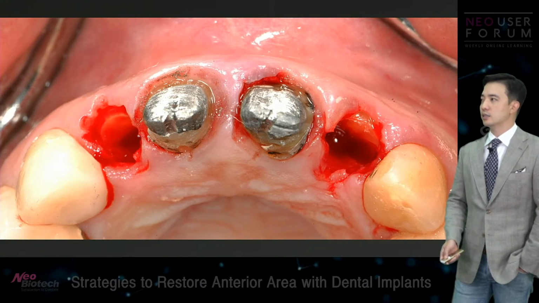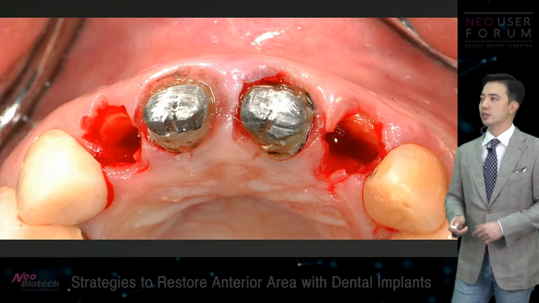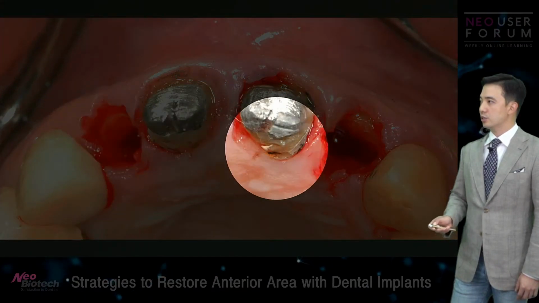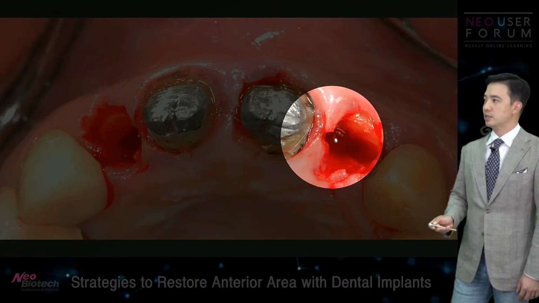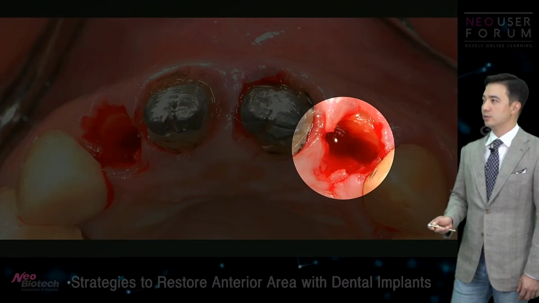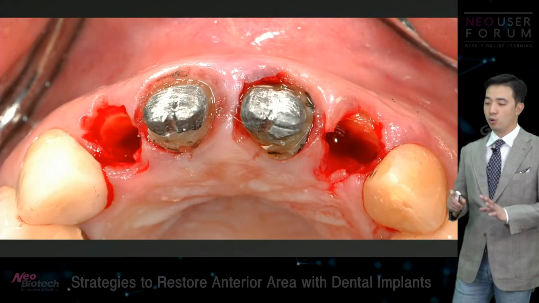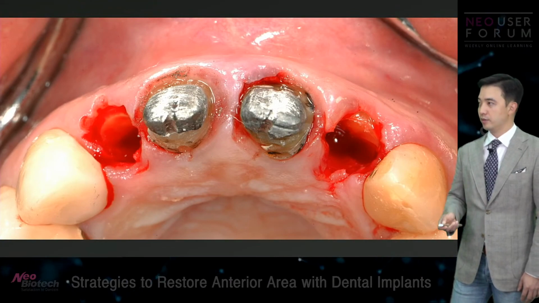So this was kind of a strategic staging of extraction. I also used the socket shield technique to place implants on number 12 and 22. I just wanted to keep these two to hold the provisional restoration.